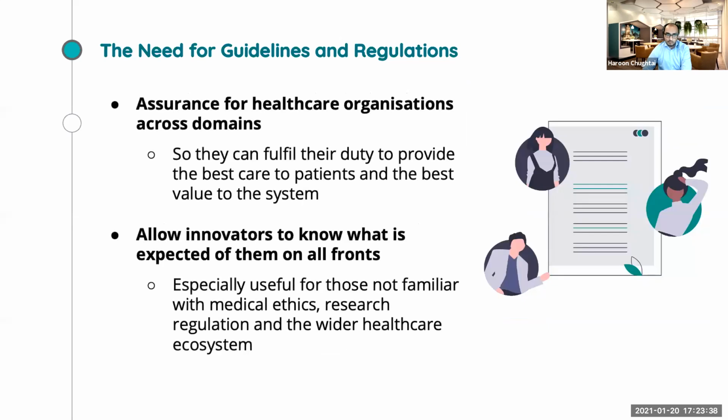And to reiterate, they allow assurance for healthcare organizations and also allow innovators to know what's expected of them on all fronts. And assurance for healthcare organizations includes allowing them to fulfill their duty to provide the best care to patients, but also providing the best value to the system in whatever way you're measuring value.